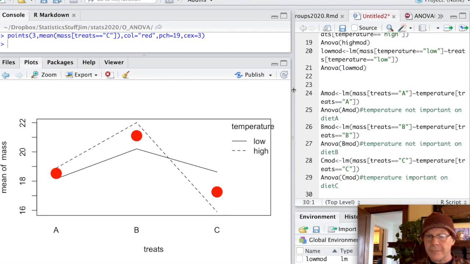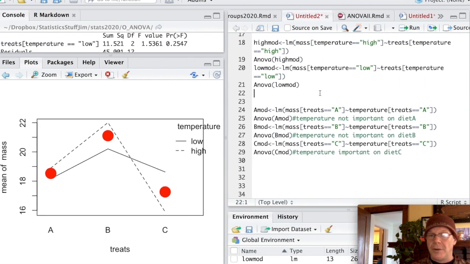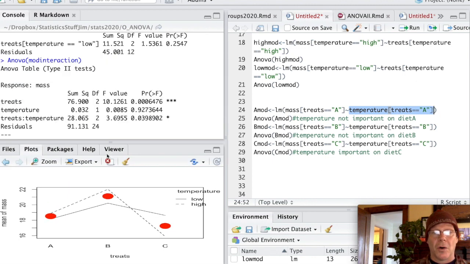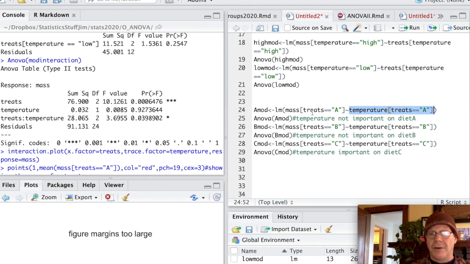Again, what I'm doing with the code here is I'm saying that I'm only going to include mass where treats is double equal to A, and I'm only going to take temperatures where treats is double equal to A. I'm removing treatments from all of these models now, because each model is only going to have one treatment, but I'm going to be able to explore the difference between both temperatures, the high and the low temperature. And so let's go ahead and do that.